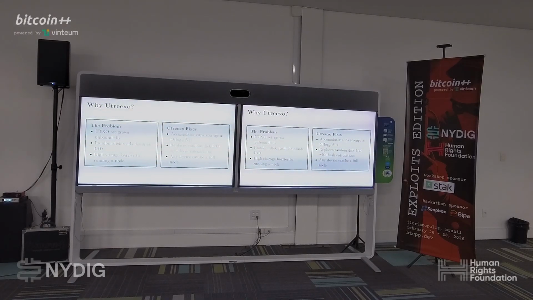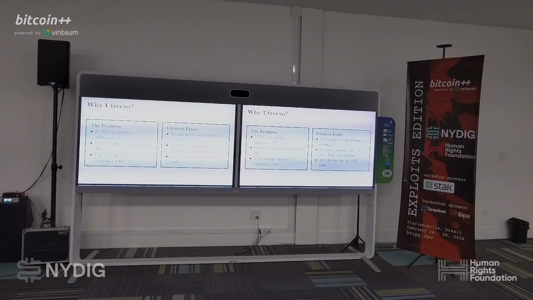So why Utreexo? We have UTXO set size increase, and synchronizing the nodes, doing IBD, is extremely disk intensive. So for every block you validate, you need to check your UTXO set to check if the UTXOs are there.